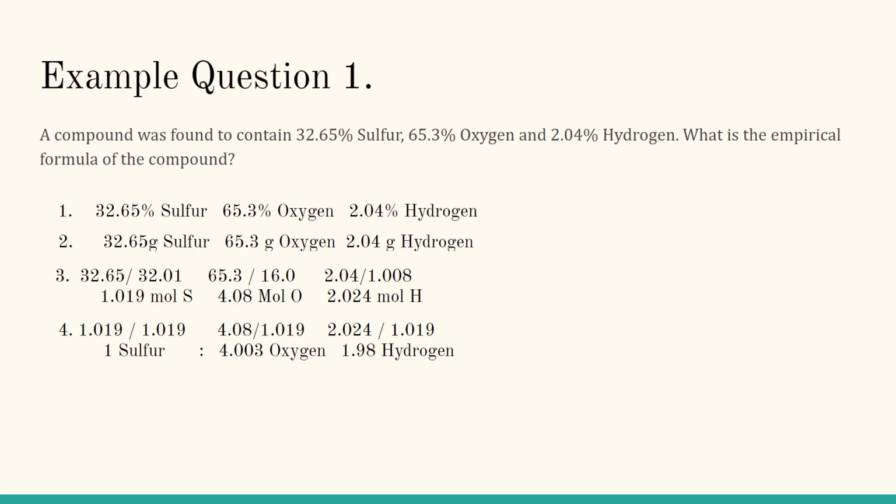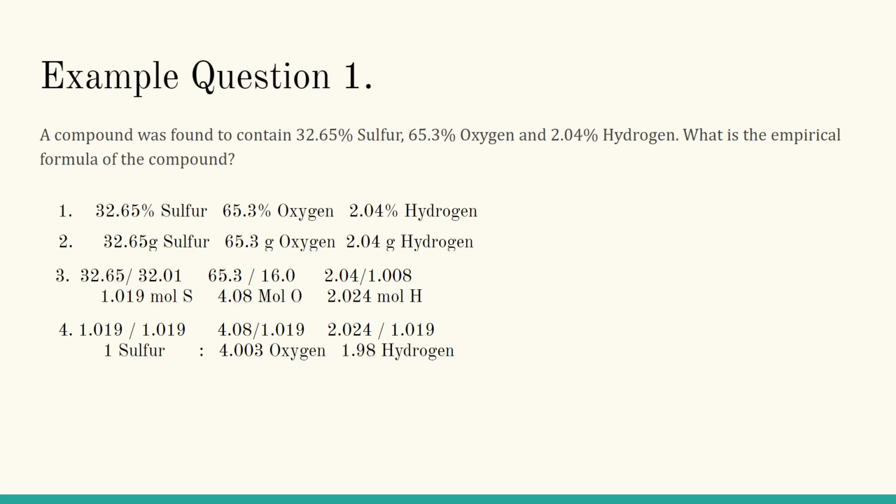Then we take the number of moles of oxygen, which is 4.08, and also divide that by 1.019. And it tells us that we have a ratio of about 4.003 of oxygen. The last one we do is hydrogen, and hydrogen ends up being 1.98 for the ratio.